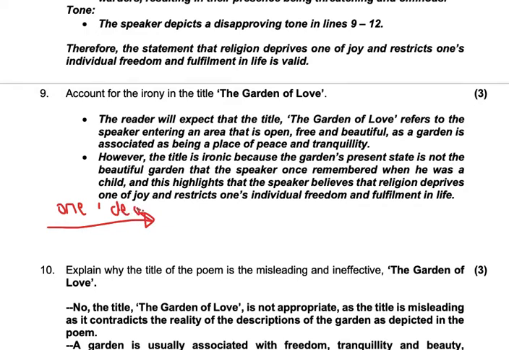It's difficult to write on this laptop. And then, comma, however, comma, then you write, this is ironic because, and then you have your opposite idea.